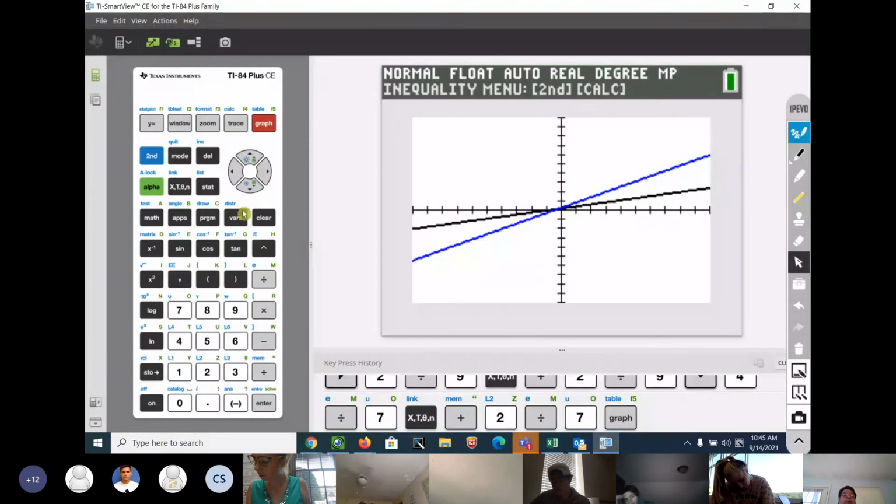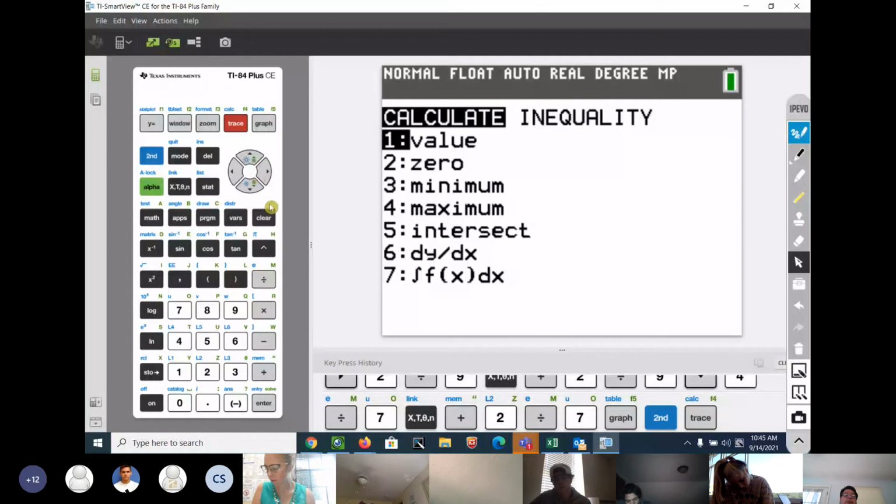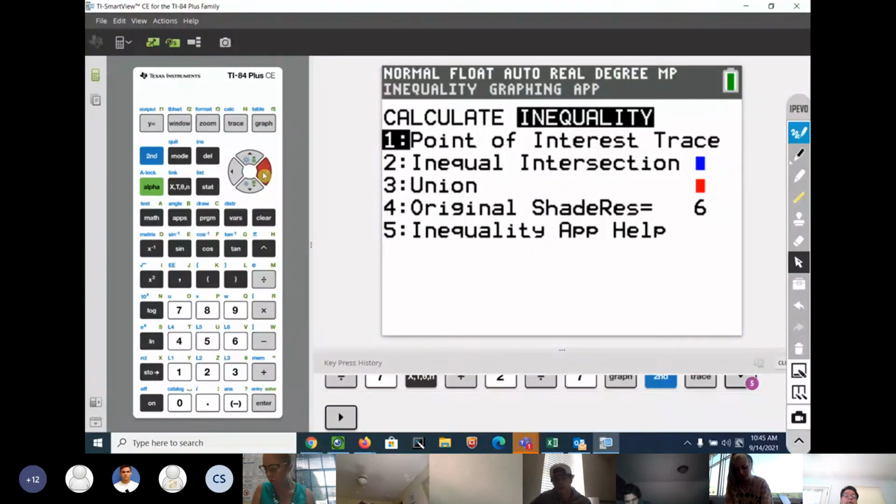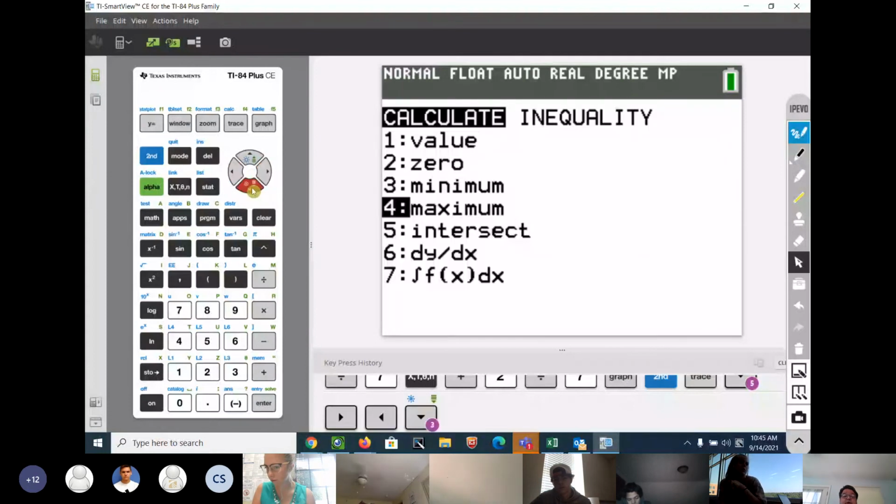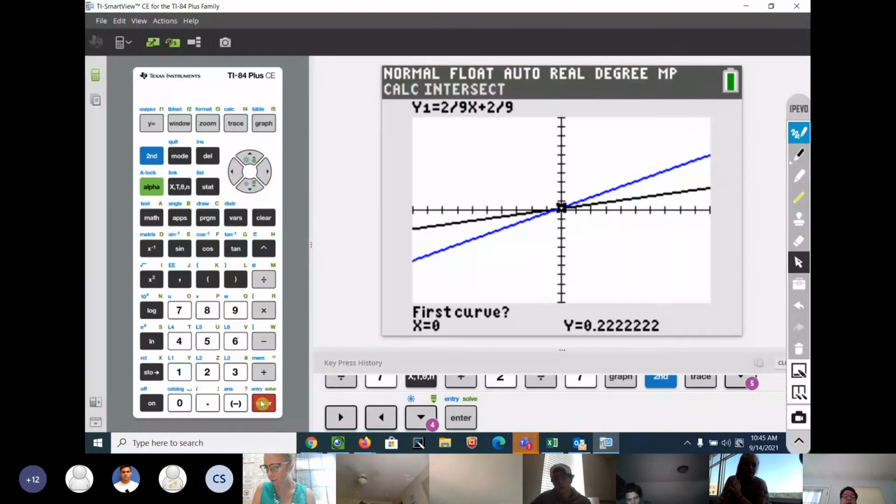And we're going to hit second, trace. Go down to intersect. Oh my goodness, I believe that Benadryl is kicking in. Intersect, and I'm just going to hit enter, and it's right there. So I've got negative 0.18, comma, 1/8.